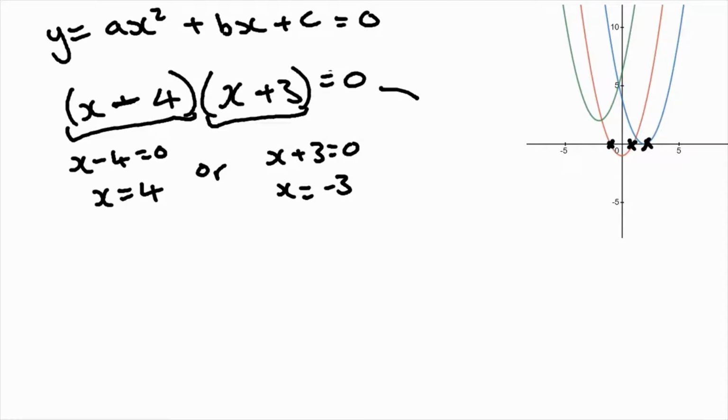So if we were to plot this graph, the graph would cross the x-axis at positive 4 and minus 3. Now, what this means is we can generate the equation for a graph so long as we know the roots.